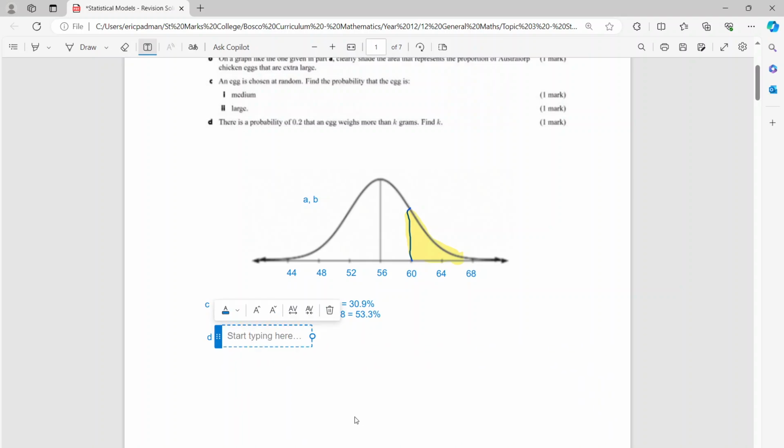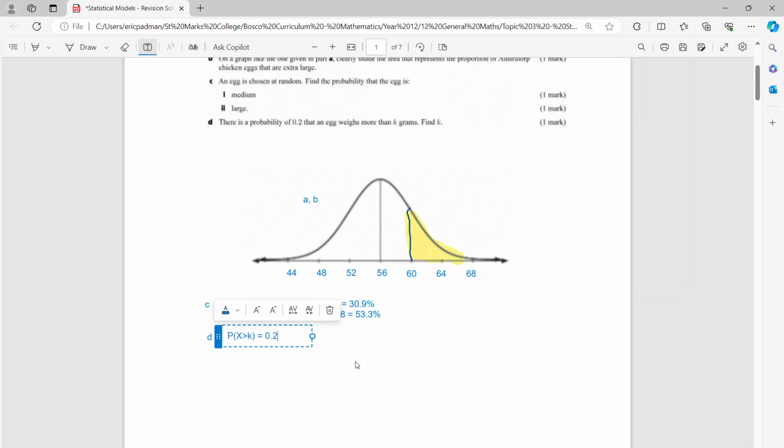So the probability X is greater than K equals 0.02, or 2%.